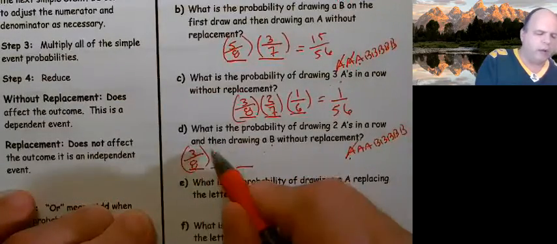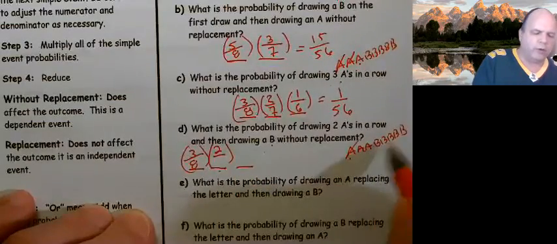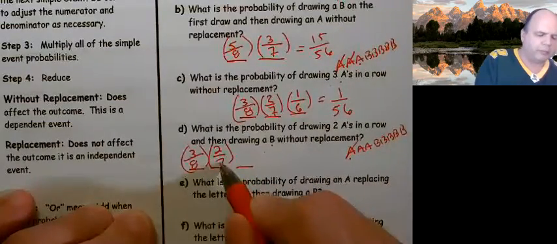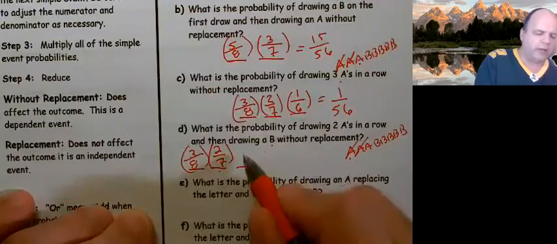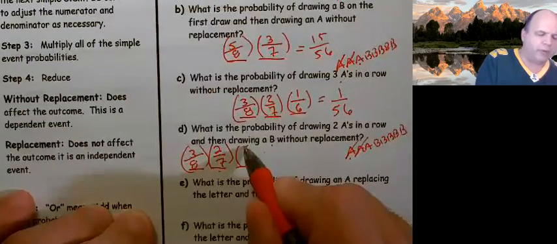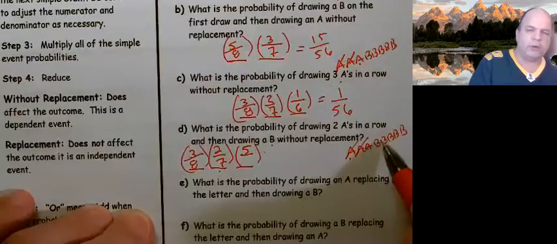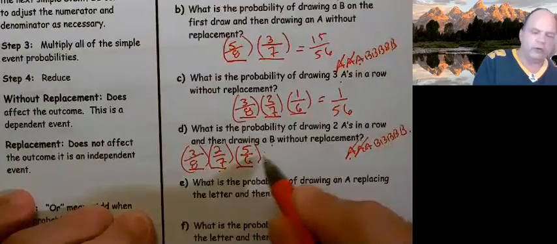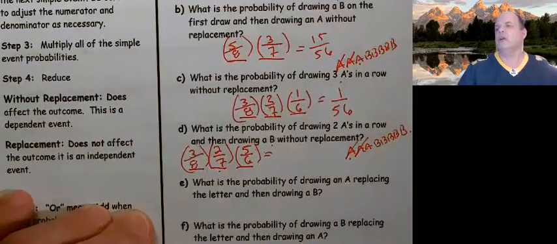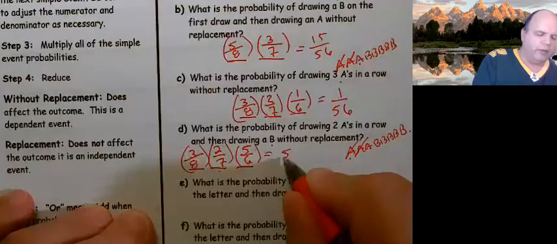We only have 2 A's left. And be careful, we have 1, 2, 3, 4, 5, 6, 7 letters. Now that's gone. And we're going to draw a B. And it's like, well, gosh, we have all of our B's. We have 5 of them. But we only have 1, 2, 3, 4, 5, 6 letters. So 5 over 6. When we multiply all that out, we end up getting 5 over 56.